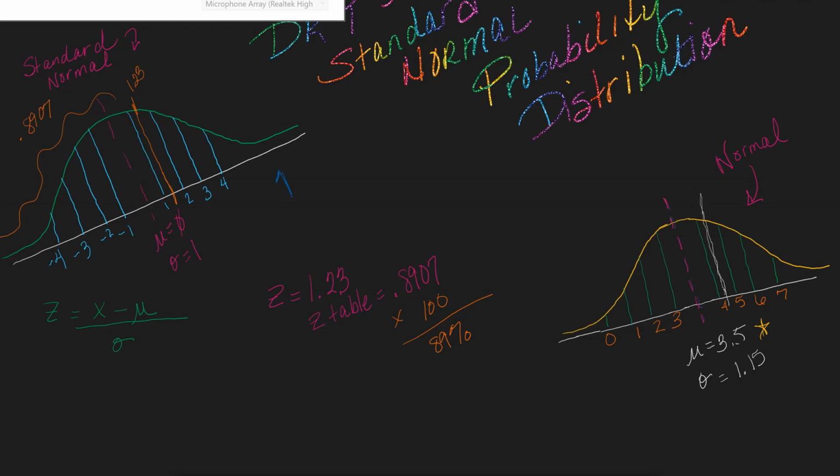I'm going to go ahead and subtract 0.8907 from 1. I get 0.1093, or 10.93% of the observations in my data fall above 1.23. Pretty cool.